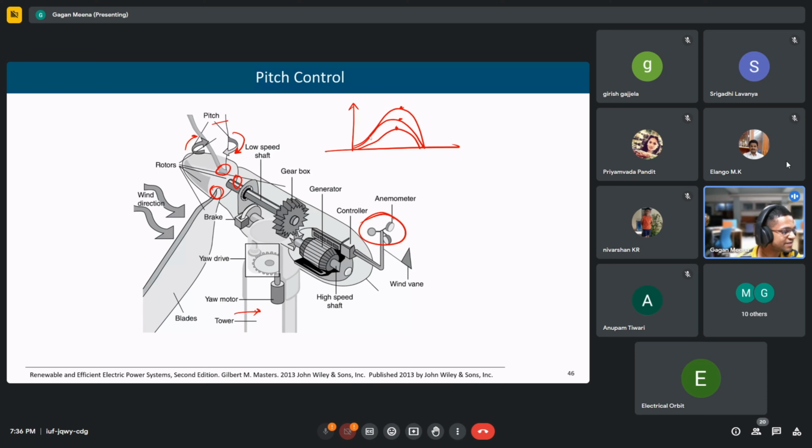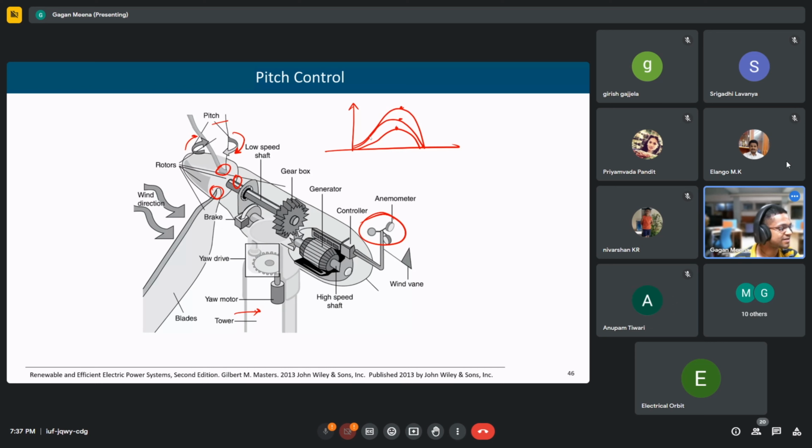So when we say fixed speed wind turbine, what does that mean? That doesn't mean that the wind speed is the same. That is type 1: a wind turbine in which, whatever may be the wind speed, we try to move it at a fixed speed.